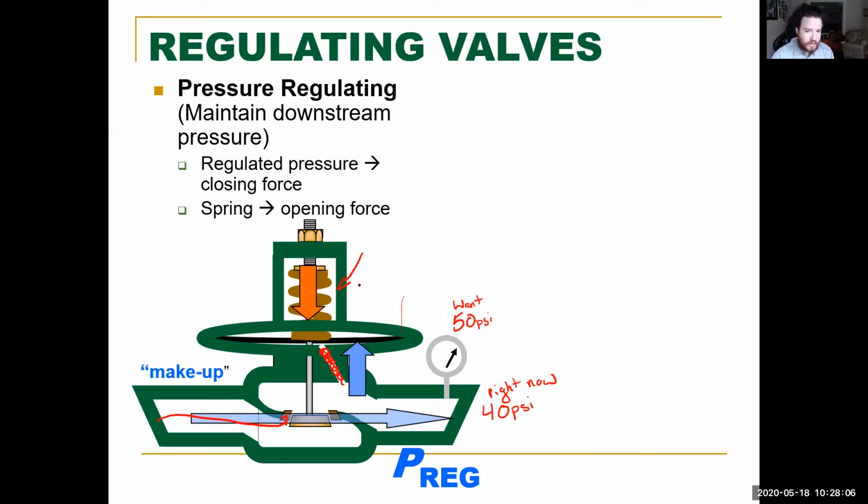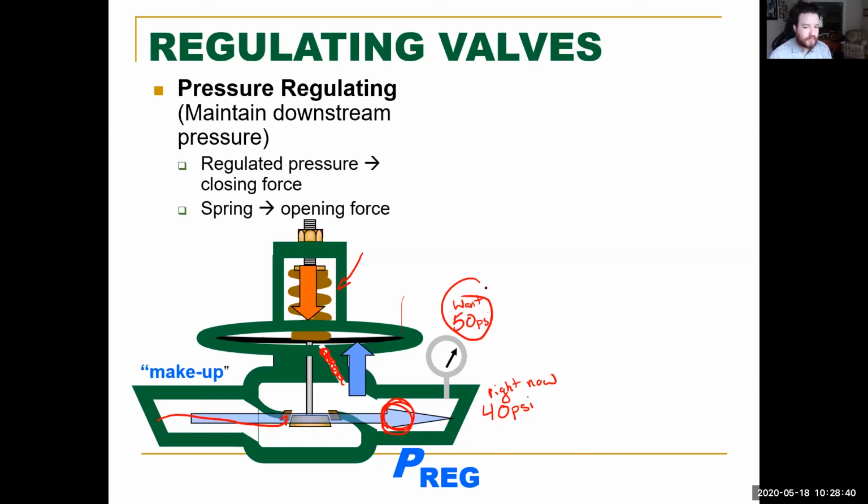Exactly. So you have the downstream pressure right here. If it's lower than the set point, and our set point is the 50, that spring is going to overcome that 40 psi, and it's going to open up the valve. And in opening up that valve, we're now going to get more flow going through, and it's going to increase to 50, and it's going to close, and it'll just keep cycling that, and it's all automatic.